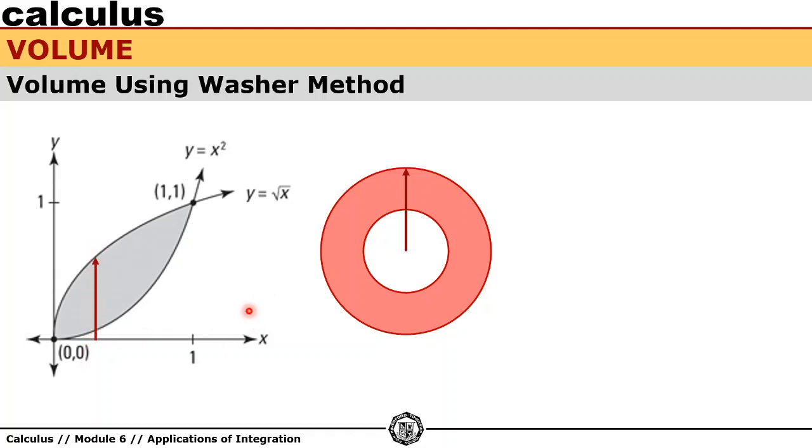We're going around the x-axis, so we draw this line from the x-axis here. Okay, and then we're going to get the outer volume by first determining, well, what's the length of that radius, and since the radius is always going to go up to the top curve here, that's always going to be represented by the square root of x. So the outer radius, or big R, is going to be the square root of x for this particular problem.